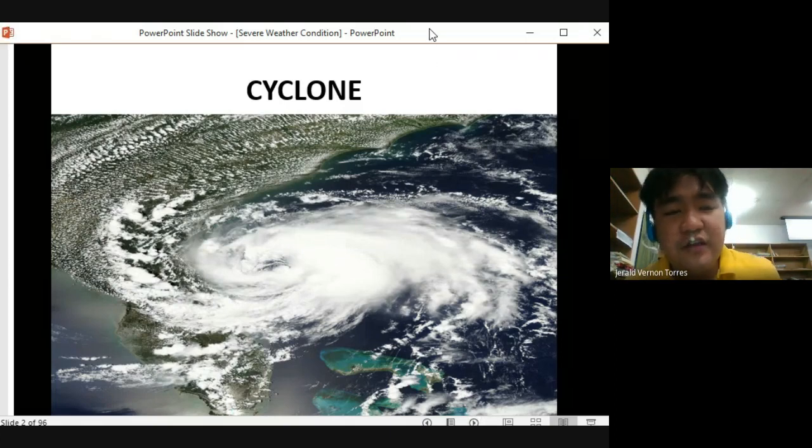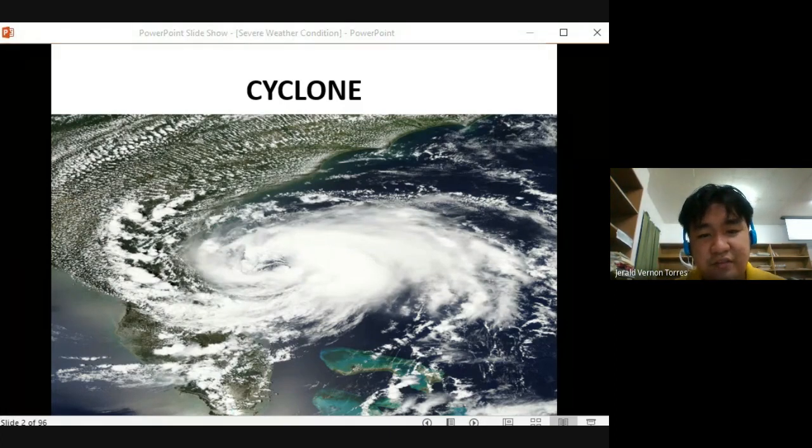Yung hurricane, actually, tinatawag niyo rin siyang cyclone or typhoon. Pare-pareho lang yung mga yan, they are just the same. Hurricane, cyclone, and typhoon are just the same things. Yun nga lang, meron silang iba't ibang name, depende kung saan sila na-form.